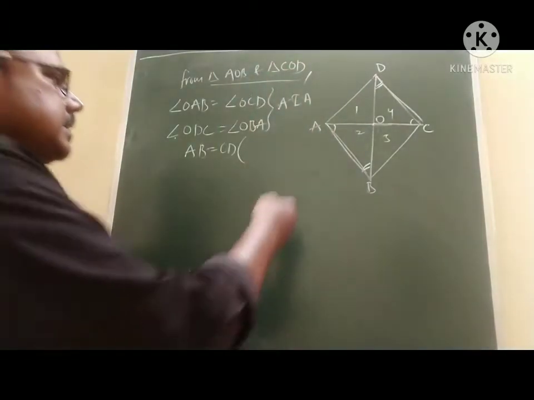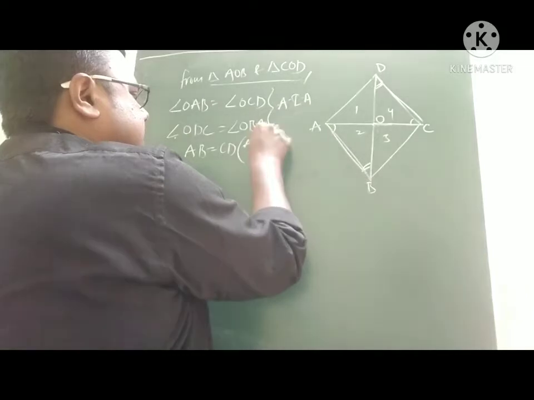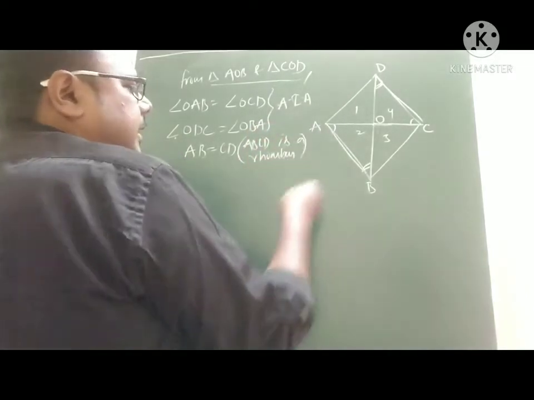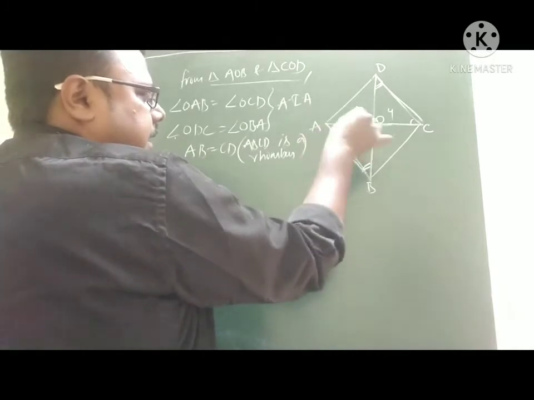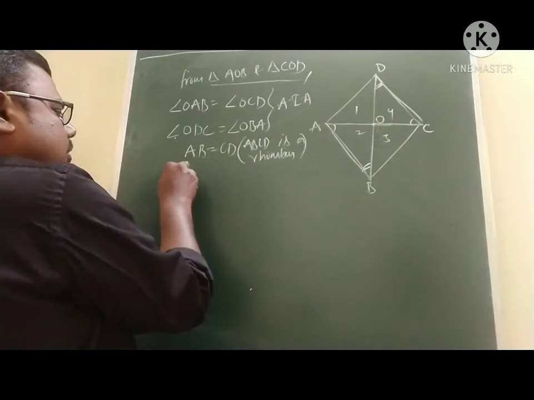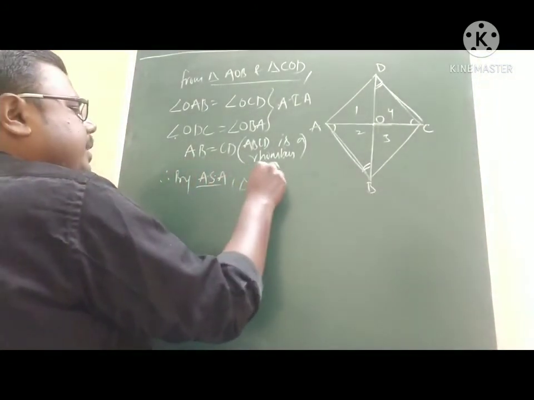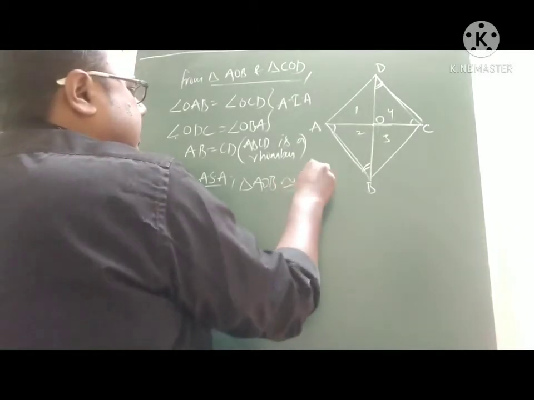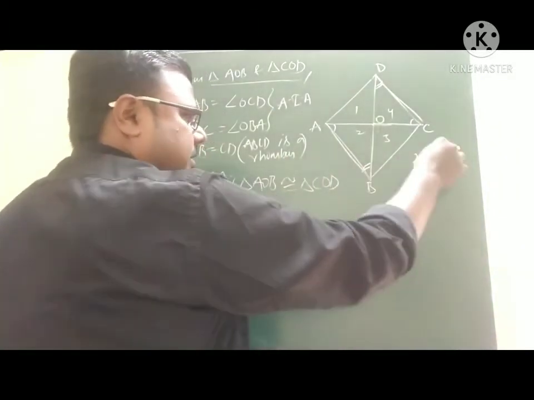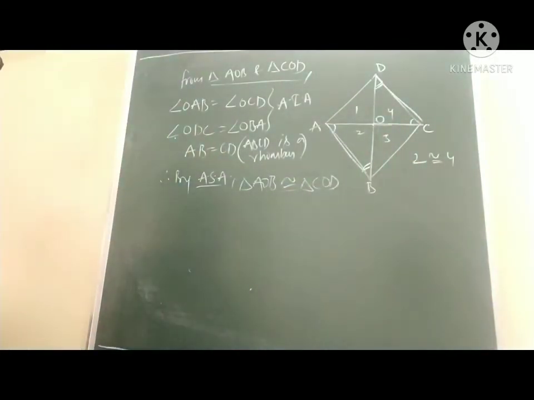So we can consider AB is equal to CD, since ABCD is a rhombus. Now if you observe clearly, in the two triangles, corresponding angle, side, angle are equal. Therefore by ASA, triangle AOB is congruent to triangle COD. For our convenience I am just writing here 2 is congruent to 4. We have shown that 2 is congruent to 4.